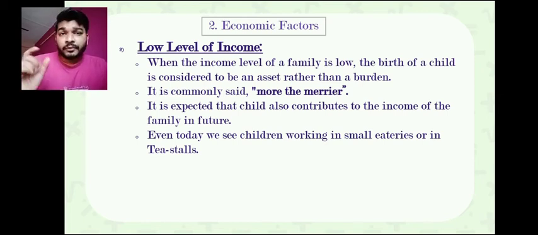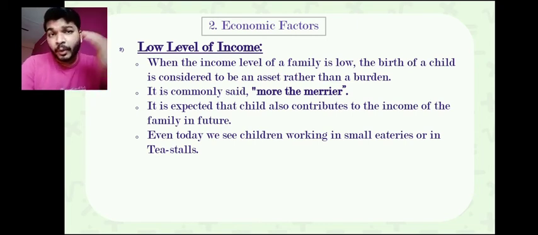So this is the mentality of low income people and poverty people. This is why there is a high birth rate in India, which is coming from the people below poverty, that is 22% of the total population as per the 2011 index. I hope you got this point very clear.